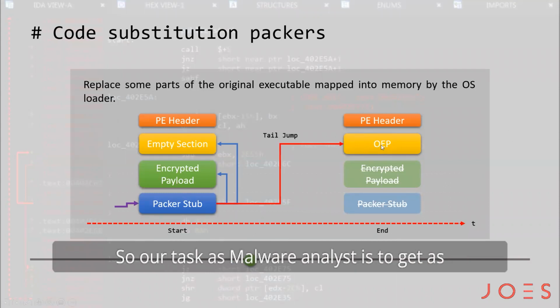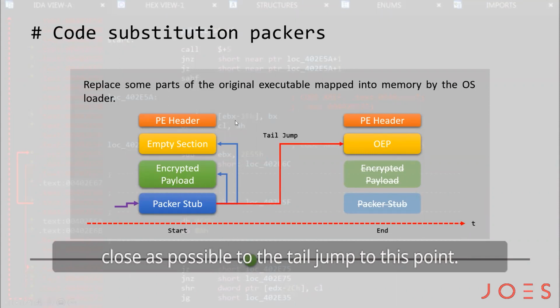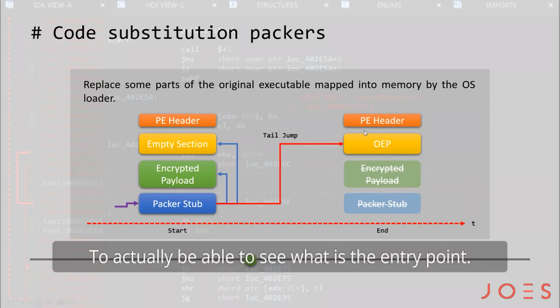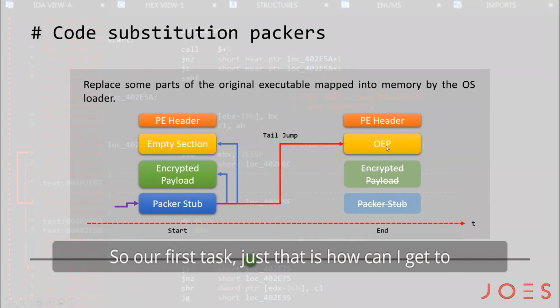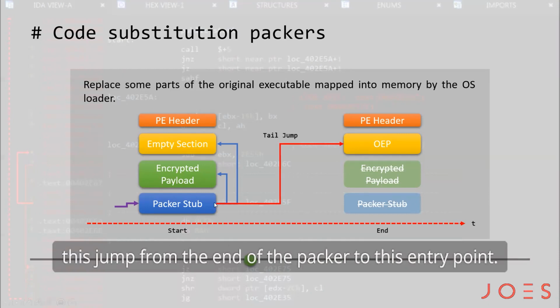So our task as malware analysts is to get as close as possible to the tail jump, to actually be able to see what the entry point is. So our first task is how can I get to this jump from the end of the packer to this entry point?